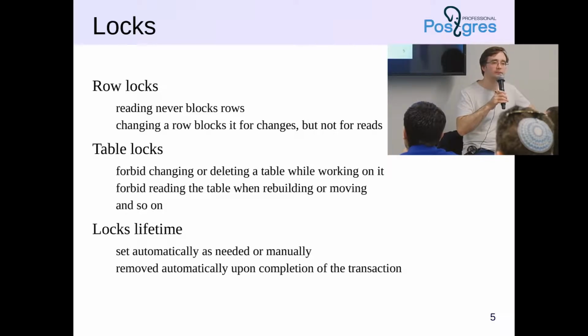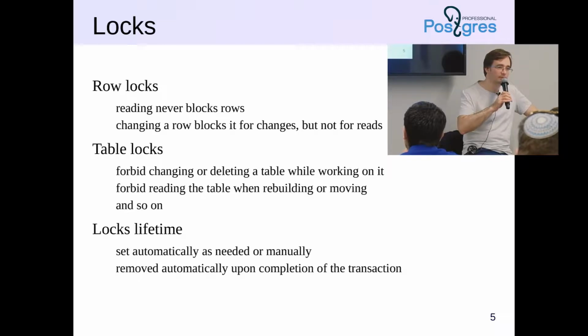What is the default, a row lock or page lock or block lock? What is the default for reading, for example? It's a row lock. Or, for example, in SQL Server, it's on the level of the page.